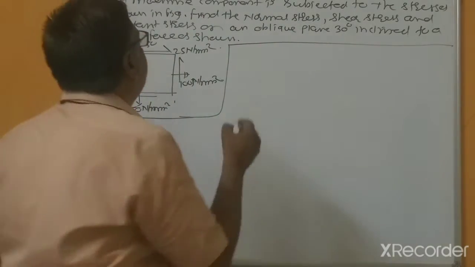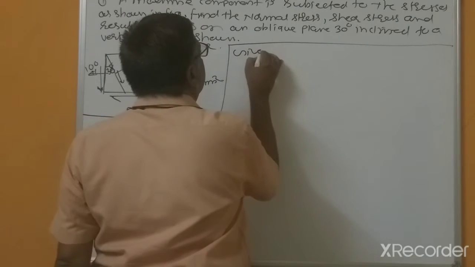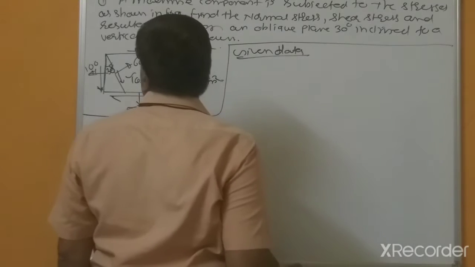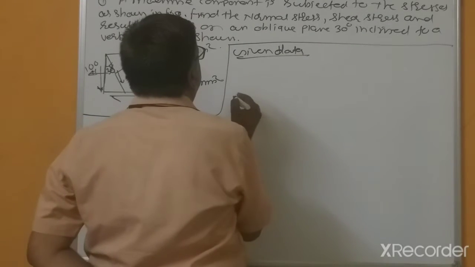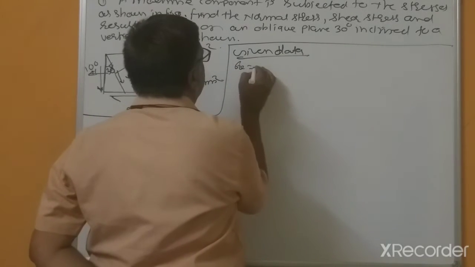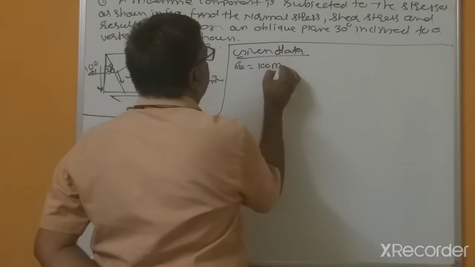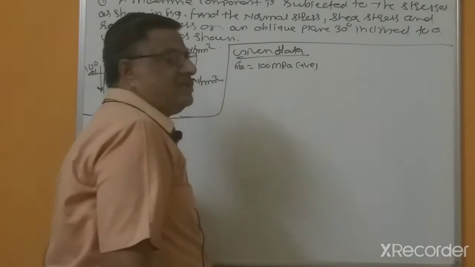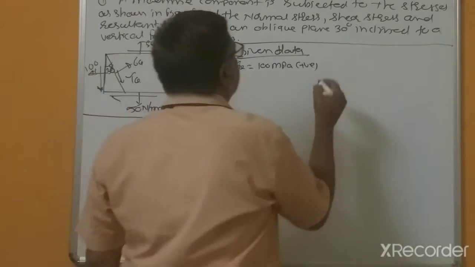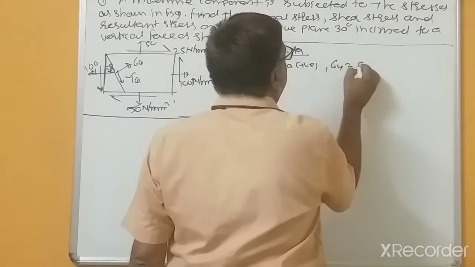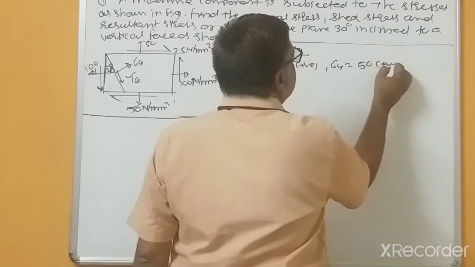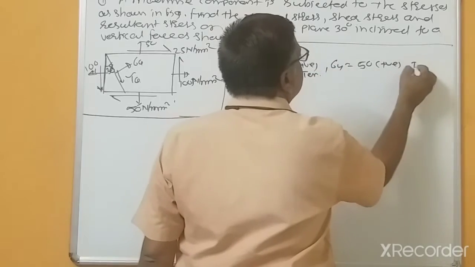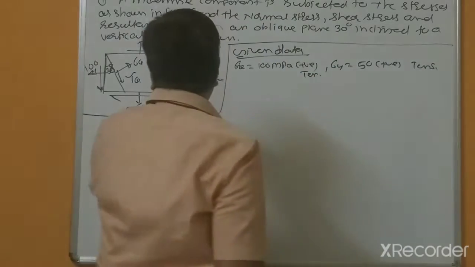So given data, first we'll write the given data. Sigma x equal to 100 megapascals, positive, because this is tensile. Sigma y equal to 50, this is also positive because this is also tensile.